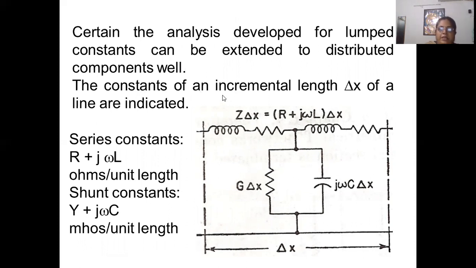Here, we have taken the constants of an incremental length, that is delta x, of the line, indicated as series constants. Here we have taken the series elements, inductor and resistance, and the shunt components, taken as G plus j omega C, which is the admittance.